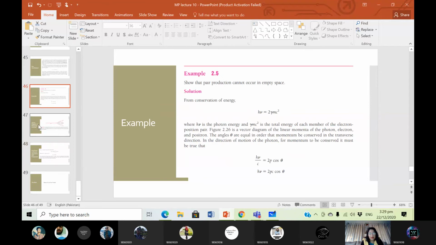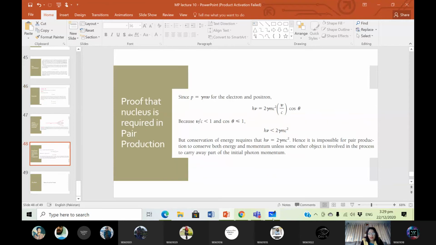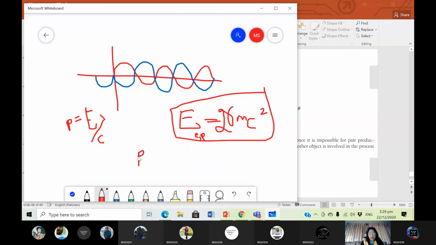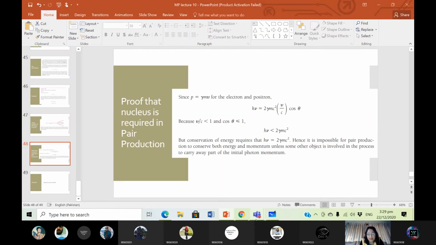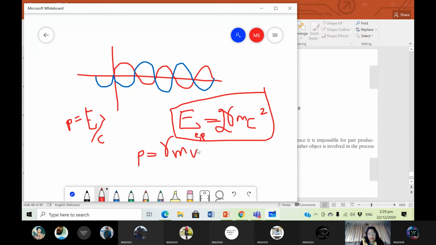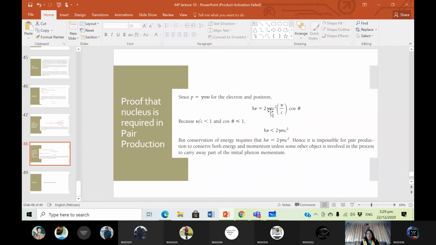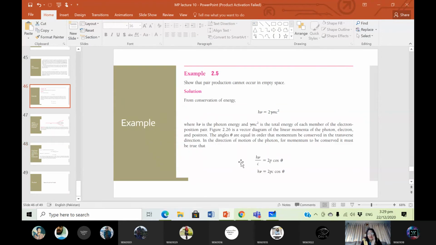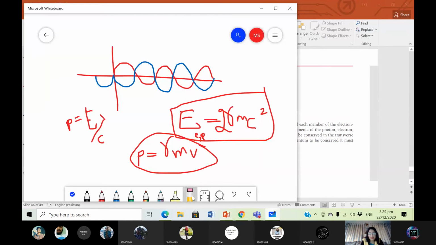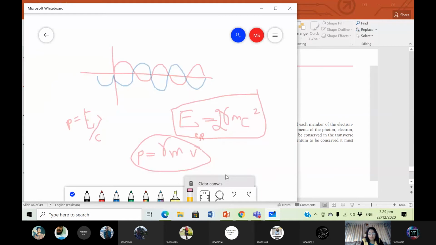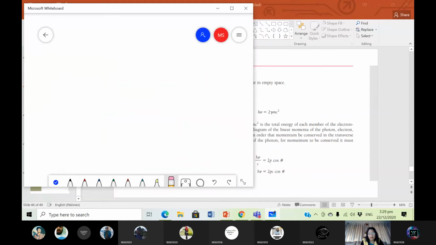Now we have this equation, and we know that the relativistic momentum is p equals gamma m v for a particle. So it will be 2 gamma mv. Let me write some things over here.